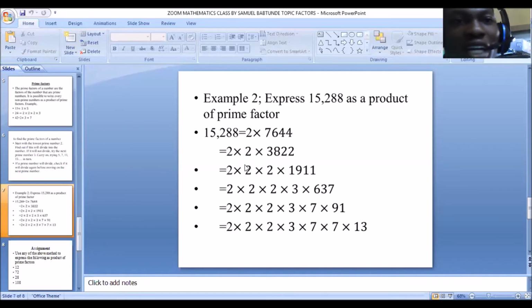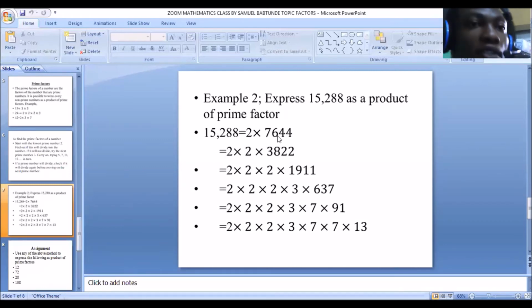Now I check again. Before moving to the next one, can this 2 still go? Yes, 2 can still go into 7,644. So 2 into 7,644 will give me 3,822. So 15,288 is equal to 2 times 2, because I've introduced this 2 again.